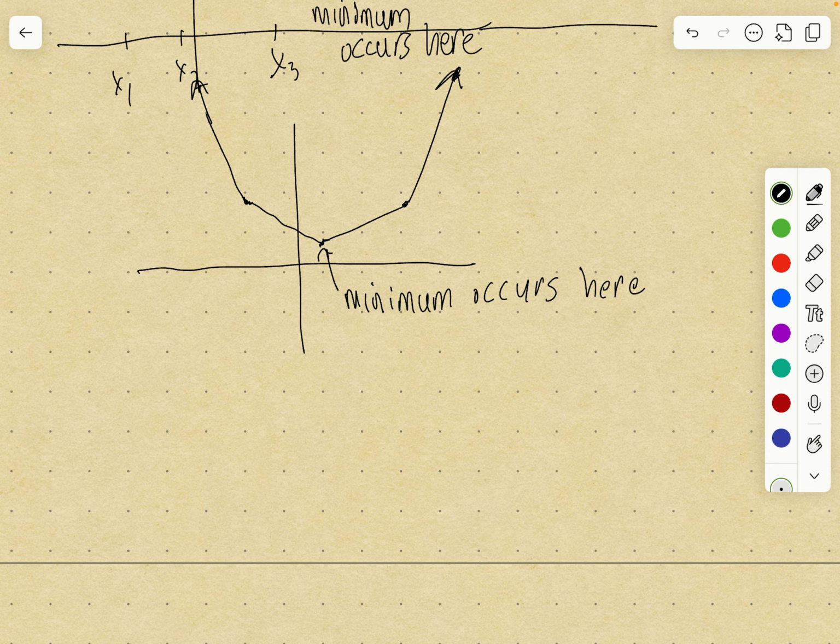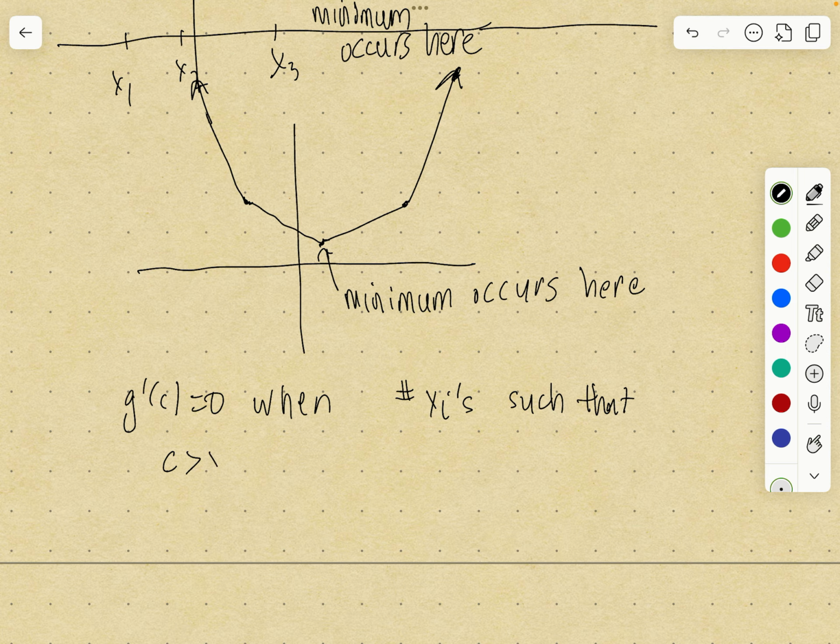So it's going to be a bunch of 1s and -1s, and in order for that to be 0, this occurs when the number of xi's such that c is greater than xi is equal to the number of xi's such that c is less than xi.